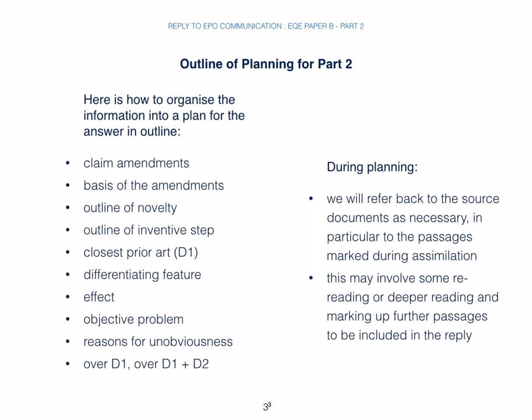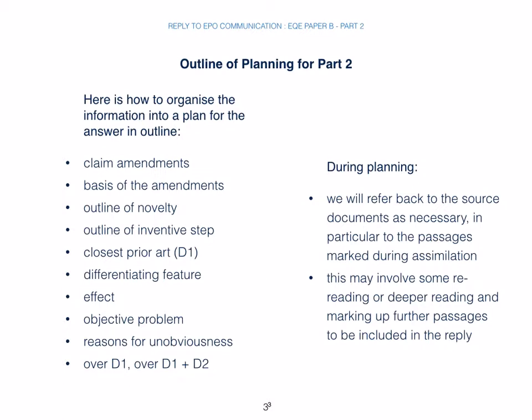Here is how to organize the information into a plan for the answer in outline. Claim amendments, basis of the amendments, outline of novelty, outline of inventive step, closest prior art, which will be D1, differentiating feature, effect, objective problem, reasons for unobviousness, over D1 and over D1, possibly combined with D2.